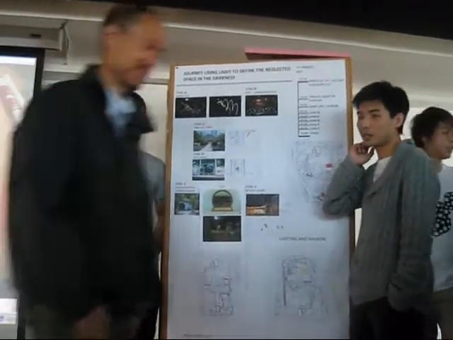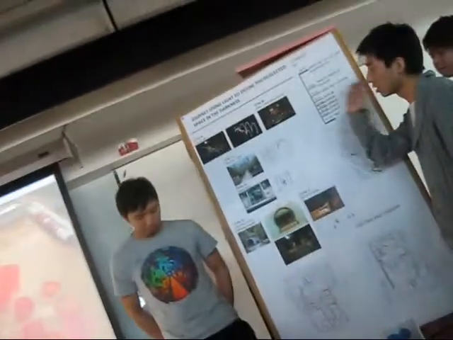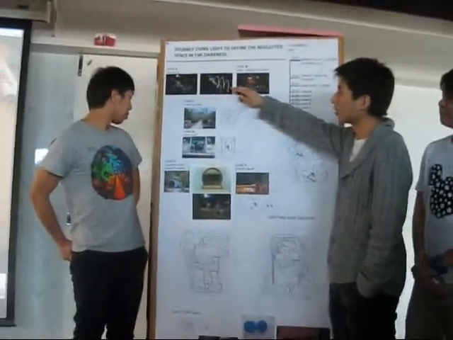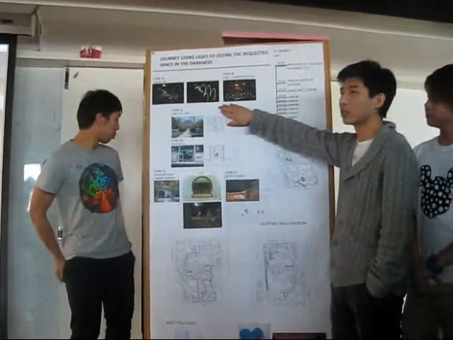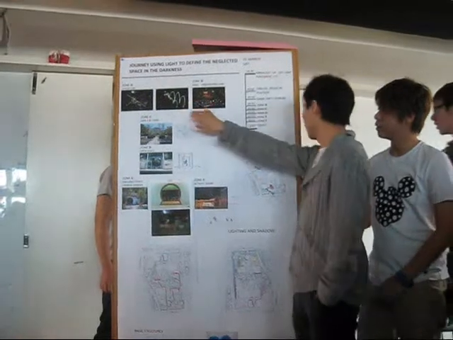Because we find that Kowloon Park is really big, and there are some places where not too many people go to visit during the night. So we found a few areas we want to make more interesting, and we have tested some.